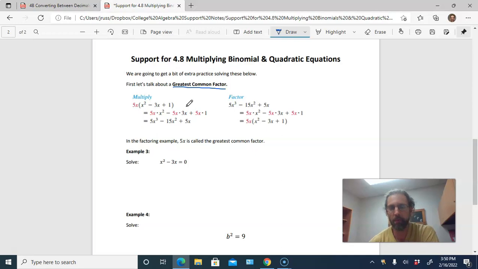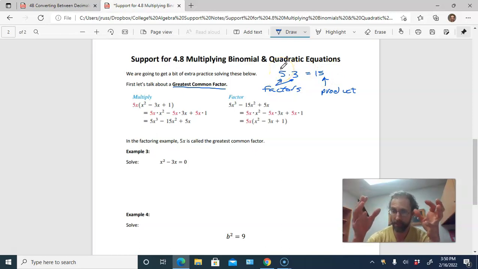So for example, if I multiply 5 times 3, I get 15. The 5 and the 3, those are called the factors. Okay, and then the 15 is called the product. So lots of times we may be starting with the product and we want to factor it. So in other words, we want to write it as 5 times 3 or something times something else. Okay, so that's what factoring is.